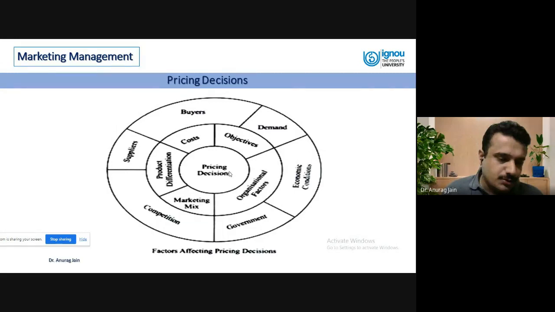And I'm again coming back to the point from where I started talking about price. Price is a revenue center for your business. Price is one of the profit centers for a marketer, and you cannot just determine the price by using some simple permutation combination or some thumb rule technique, right?